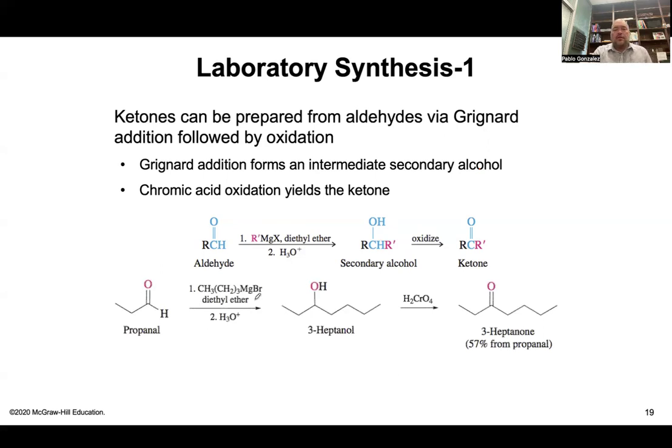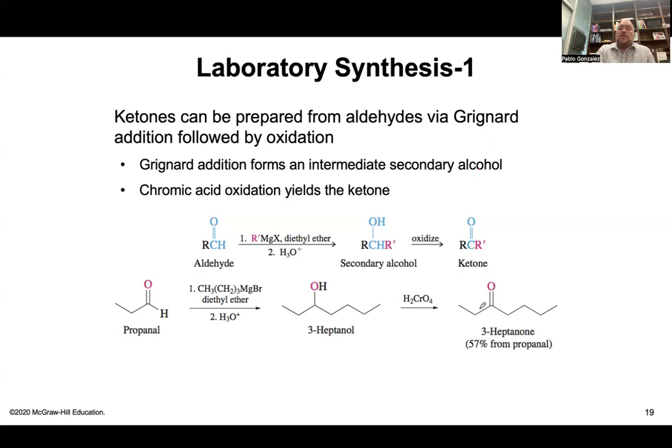So here we have, for example, this Grignard that's going to add 1, 2, 3, 4, butyl, I think. Yep, 3, 4. It's going to add a chain of 4 carbons, and then with the acid, the alcohol. So from the propanal, you obtain the heptanol, 3-heptanol, and then that heptanol can be oxidized with chromic acid to obtain the ketone, in this case 3-heptanone.